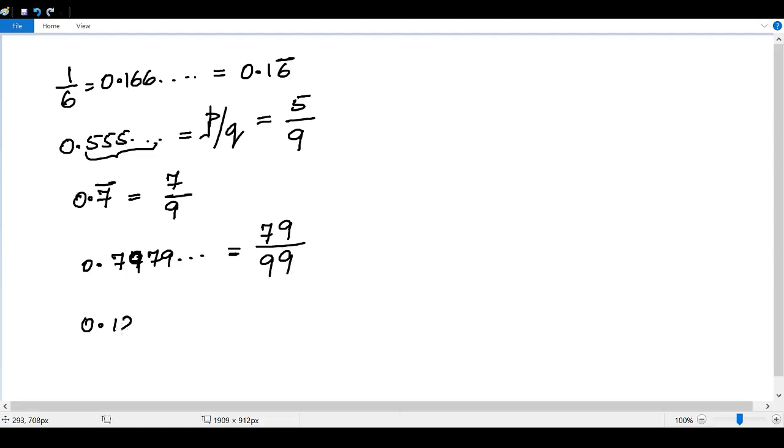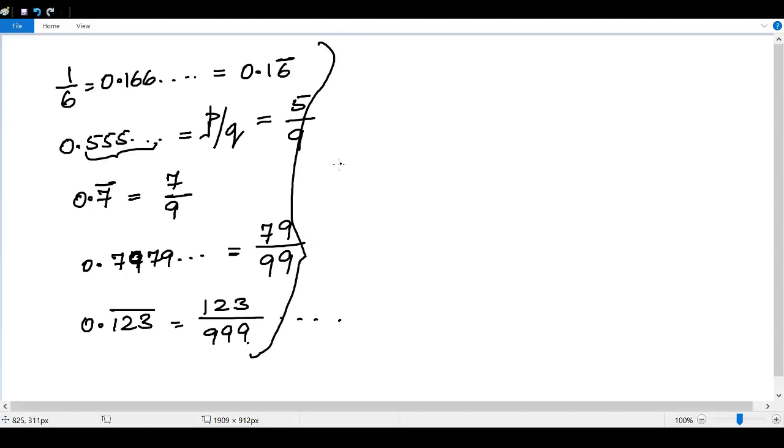And if there were 3 digits repeating, I would have written the 3 digits followed by 3 nines, and so on and so forth. That would have been the conversion of a decimal form into a p by q form.